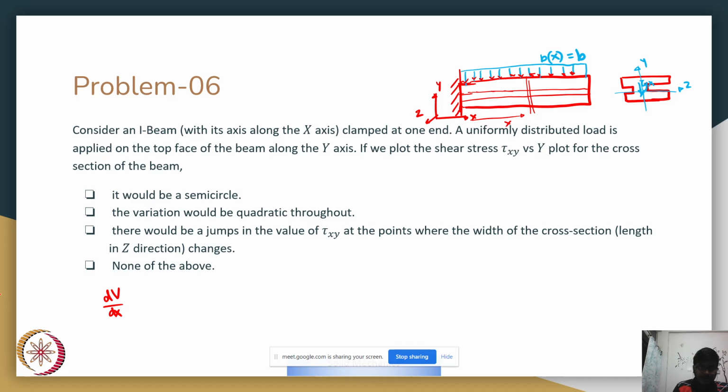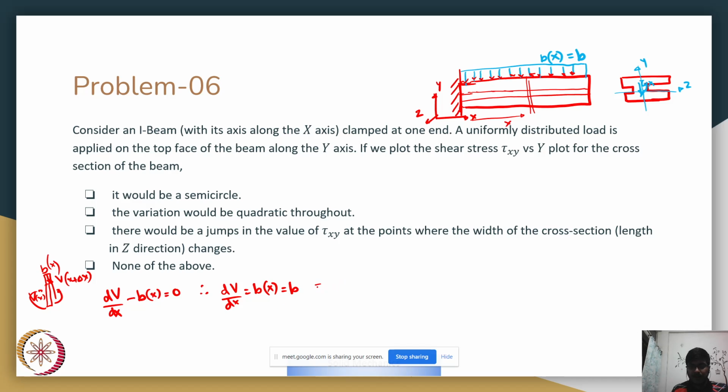If I look at that cross section, then I would have something like v of x plus delta x. I'll have a load acting here, b of x, and this is v of x, and I'll also have moments. But if I just do a force balance along the y-axis, what I find is dv by dx minus b of x is 0. Therefore, dv by dx is equal to b of x, which is nothing but b.